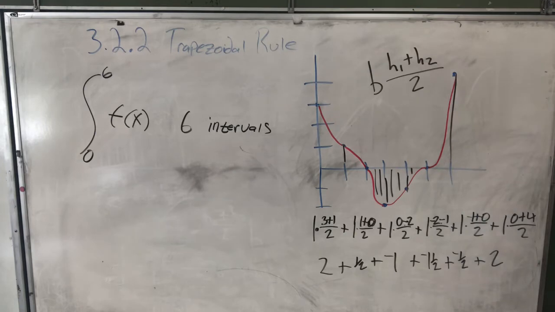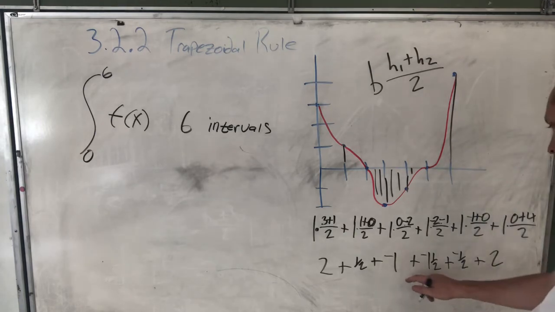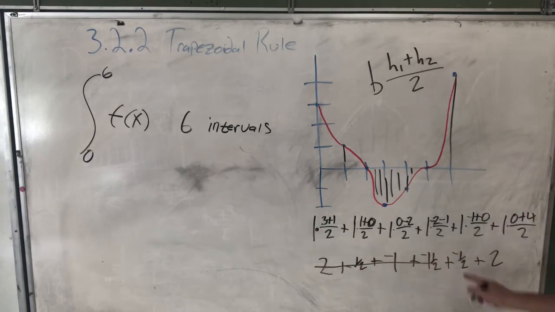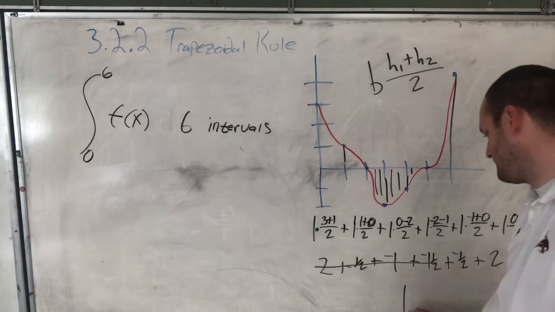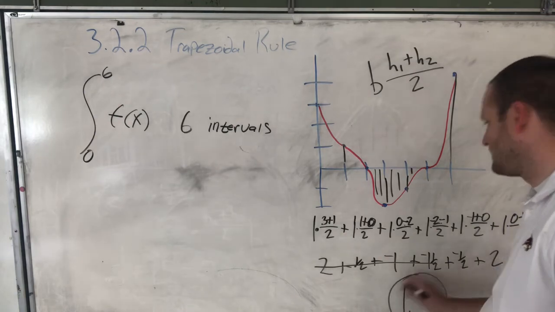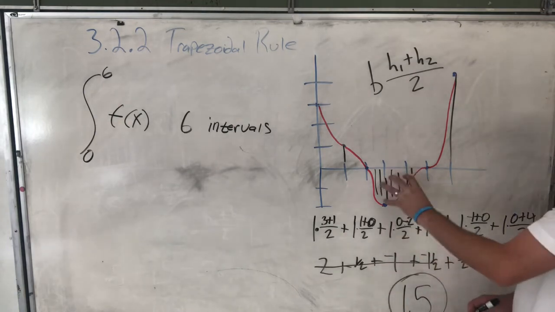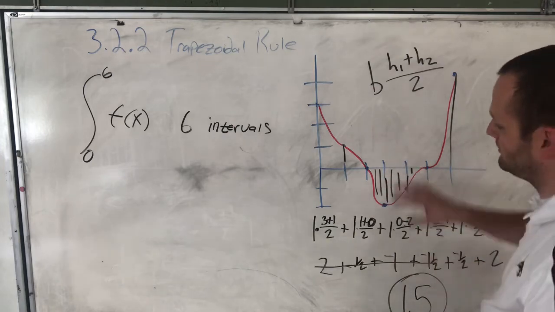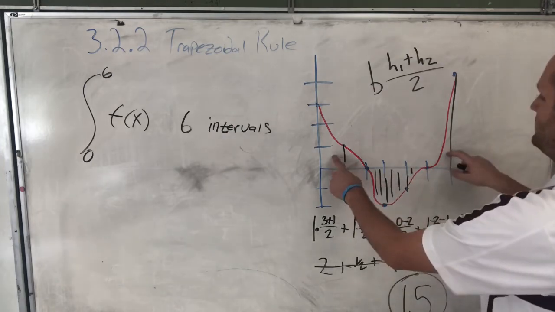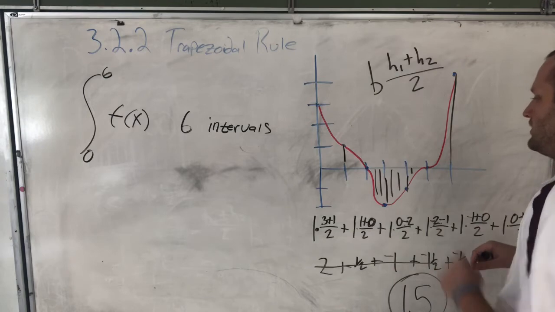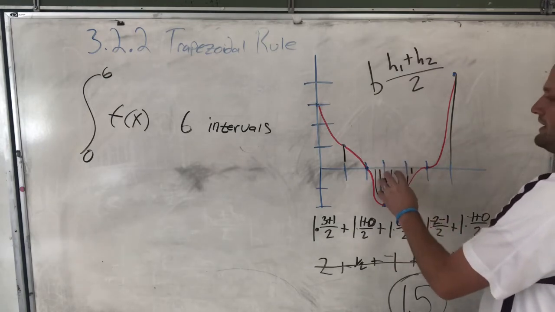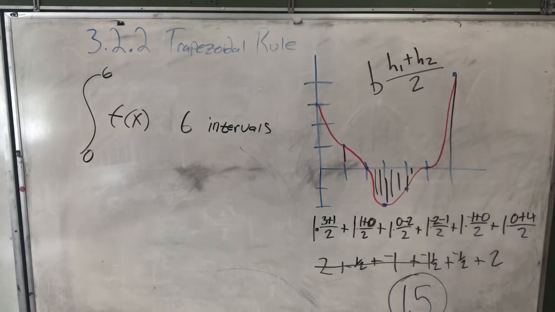Here we go. Let's see how that changes that. We've got 1, 1, so that cancels those out. We're left with 1.5. So remember, this is a negative area. This is below the x-axis, so this is a negative area. These are positive areas. So what we do is we subtract this from what the positive areas are.